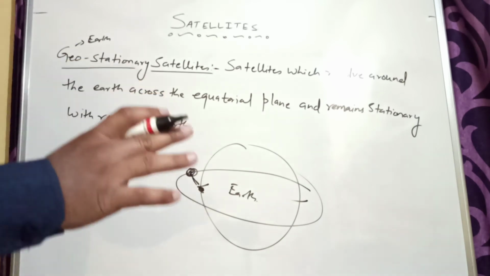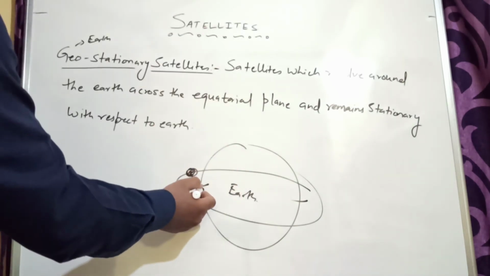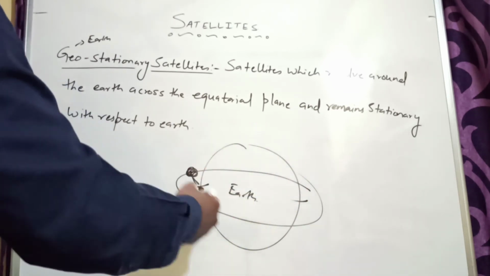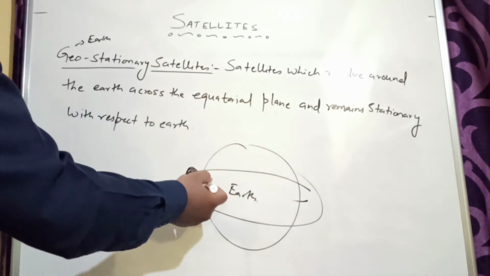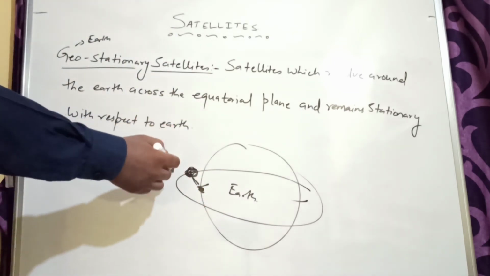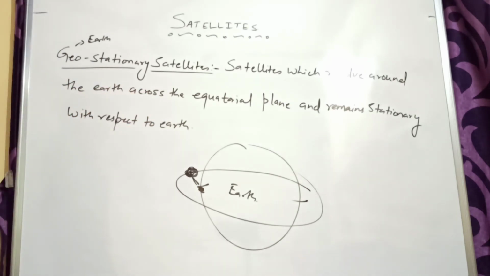Although it is not visible, as it is at a great distance, I am assuming that if he is able to see this satellite above him, then in 24 hours he will always see this satellite above him. So this is the specific thing about the geostationary satellite.